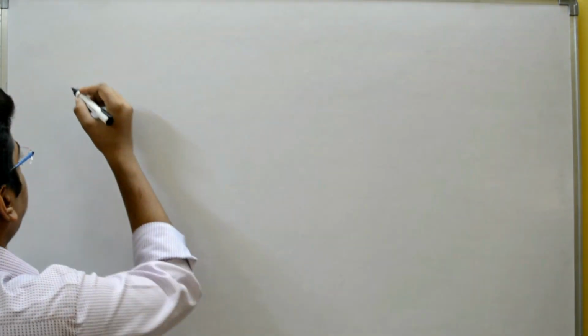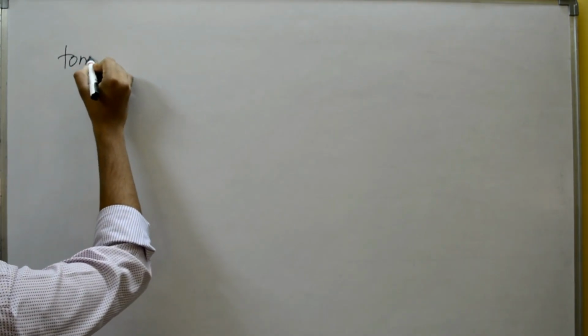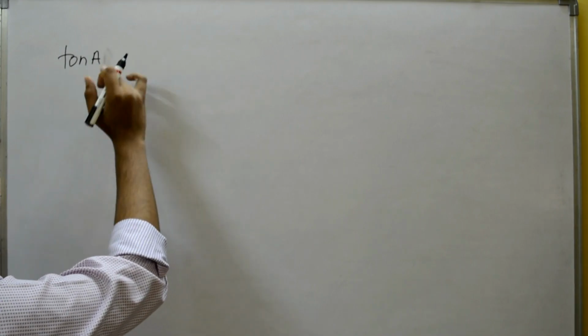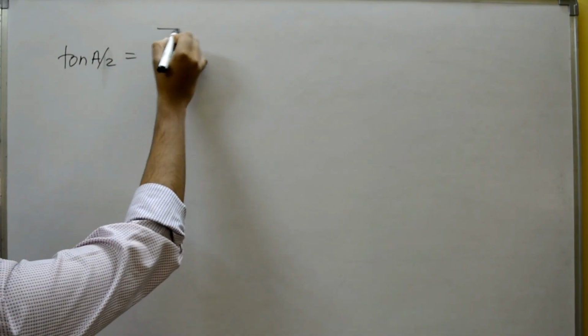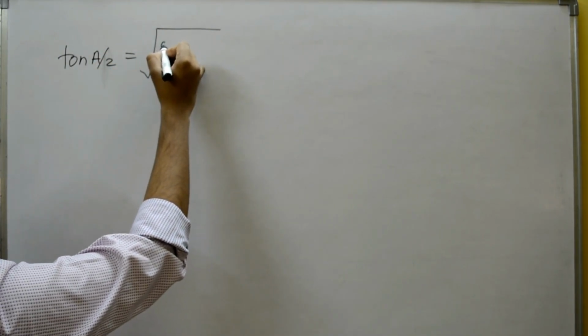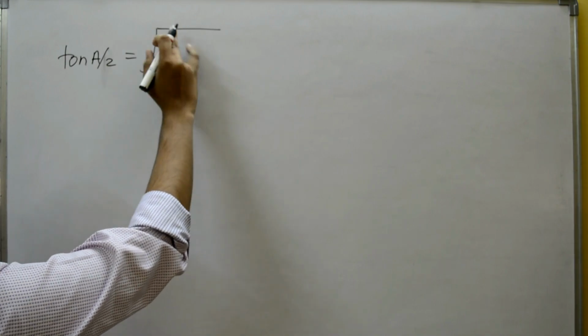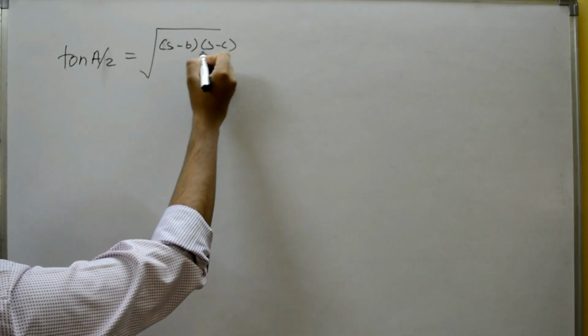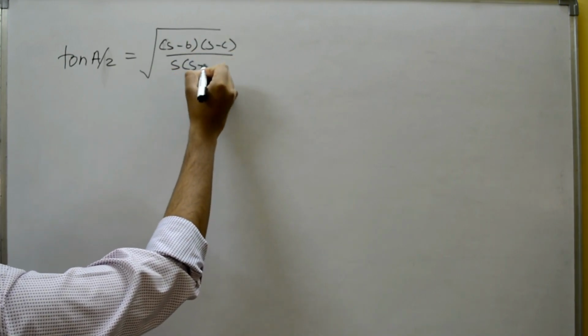So now for the half angle formula for the tan: tan A by 2 is equal to under root of (s minus b)(s minus c) upon s into (s minus a).